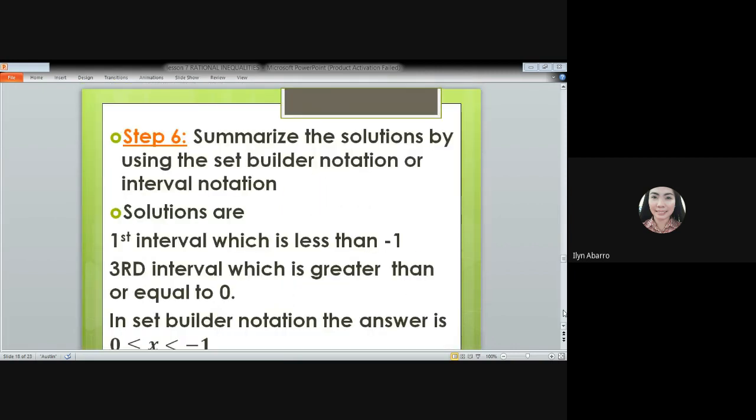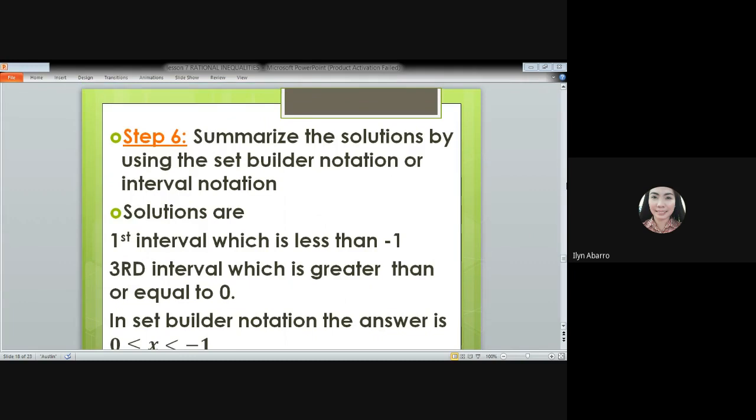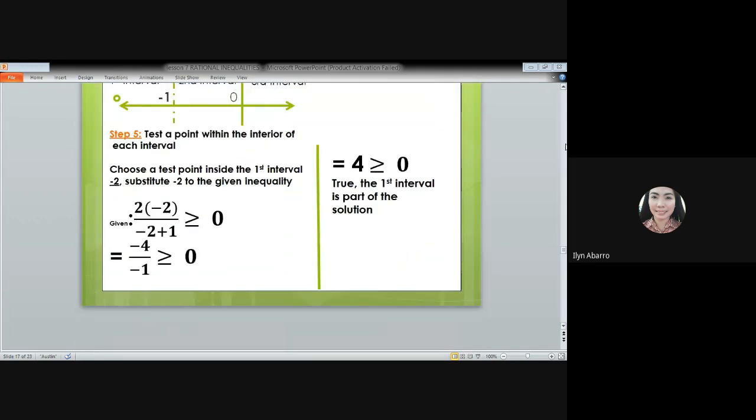Okay, let us summarize the solution. So our solution is the first interval, which are the real numbers less than negative 1. And the third interval is the real numbers greater than or equal to 0, because 0 is included in the solution. So, since our solution is two parts, it is two intervals: from negative infinity to negative 1, and from 0 to positive infinity.